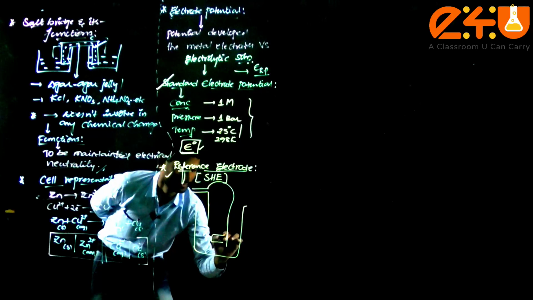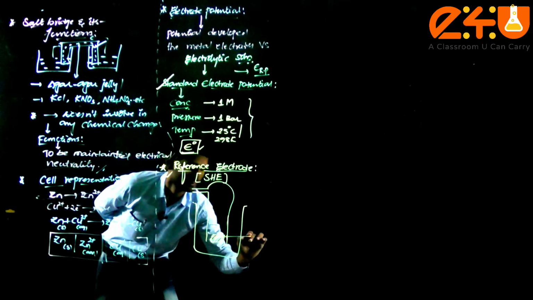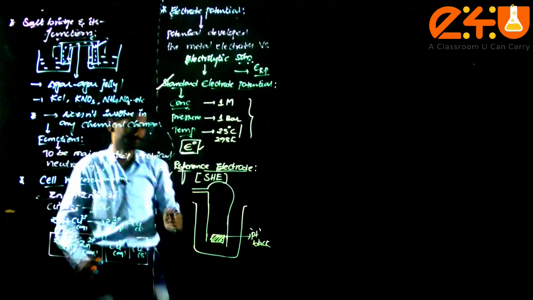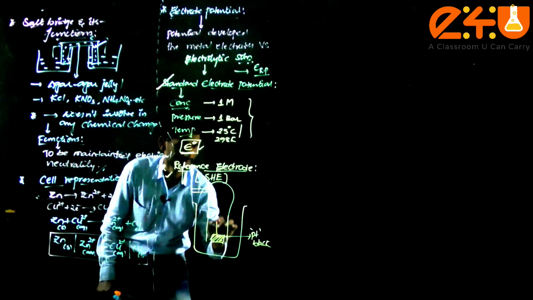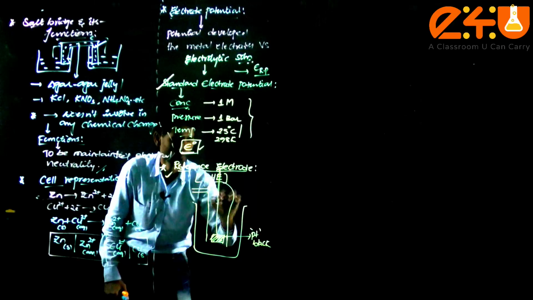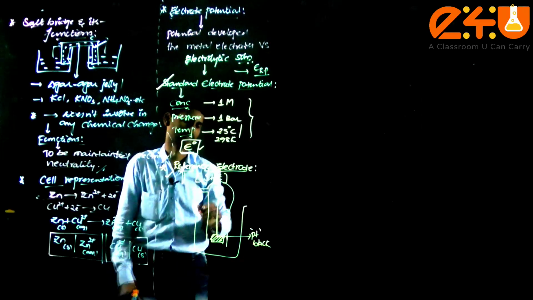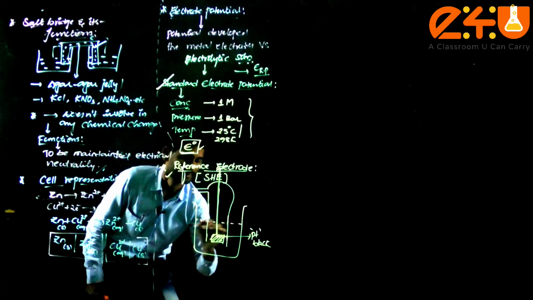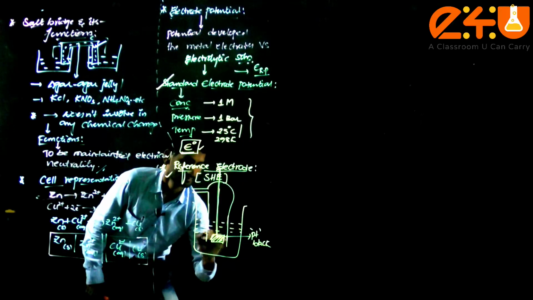Here you can consider one platinum black. This is called, dear students, platinum black. In that platinum black there is a wire. Next it is filled with some electrolytic solution.